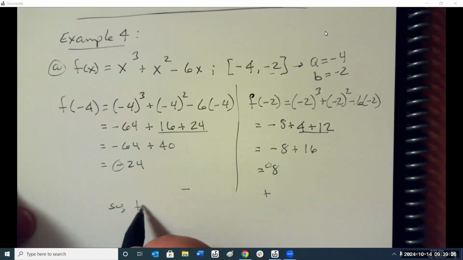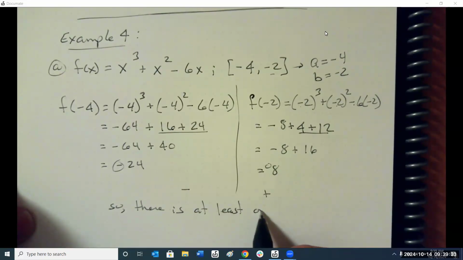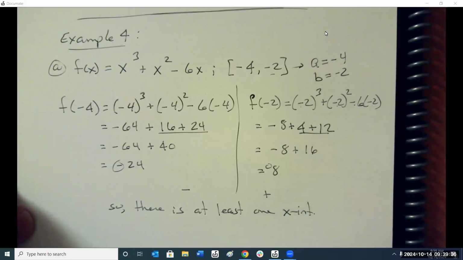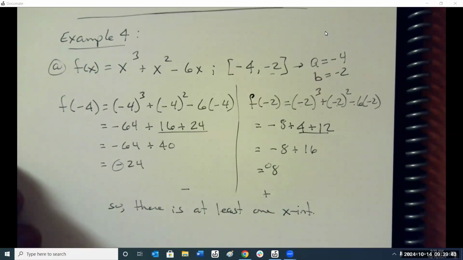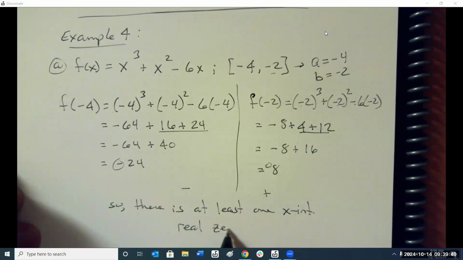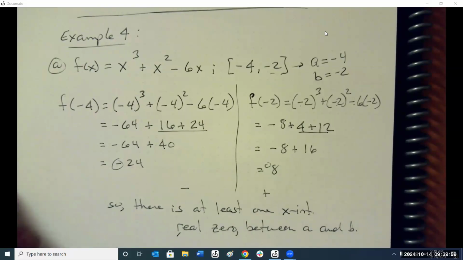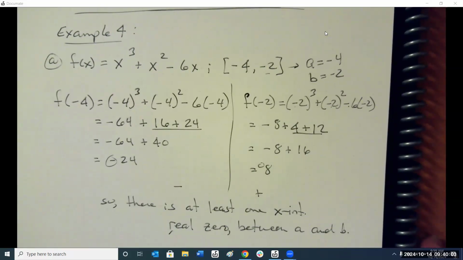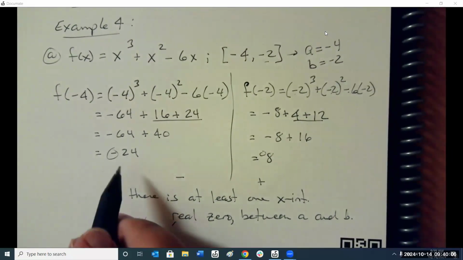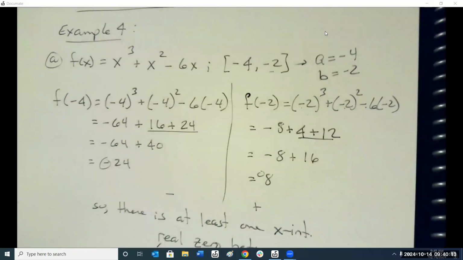So there is at least one x-intercept, which they call a real zero between A and B. So simply because they have opposite signs and they're in that domain, that means somewhere between there, it has to cross the x-axis.